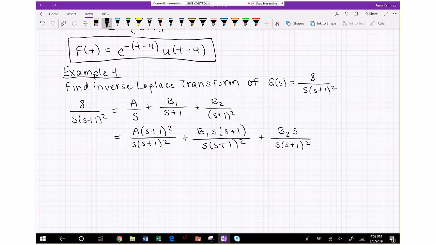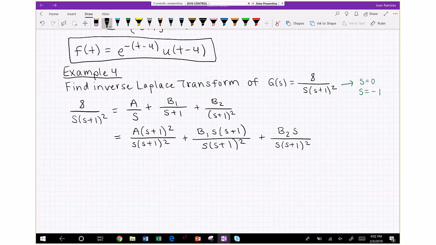So for this one, the two zeros are s equal to 0 and s equal to -1. But two zeros alone won't find the three coefficients. We're looking for a, b1, and b2.